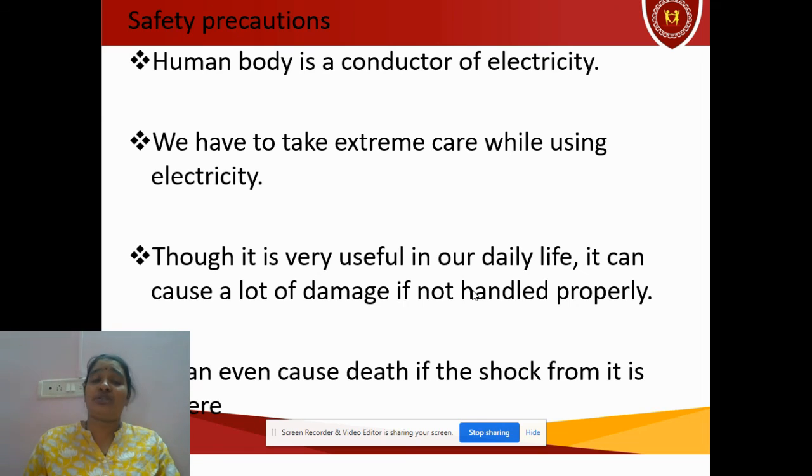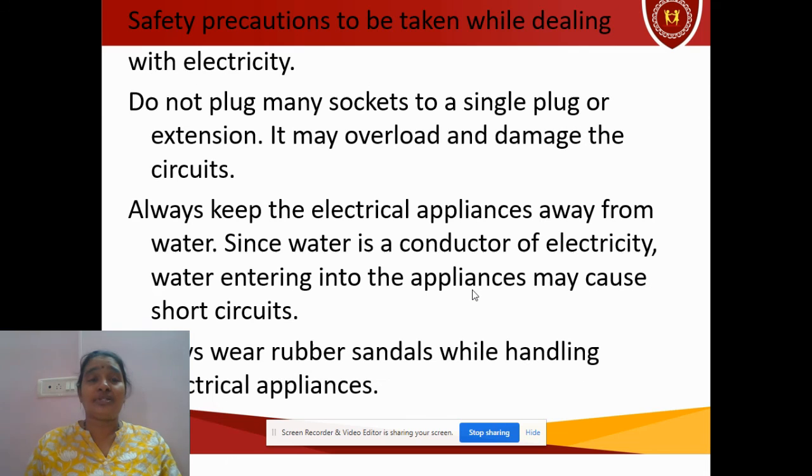This is the negative, which means you have to take care. You have to use electrical appliances, but at the same time you should be careful while holding and handling them. Why? Because you may get an electric shock. Okay, it can even cause death if the shock is very severe. If the shock is very high, it may lead to the death of a person.